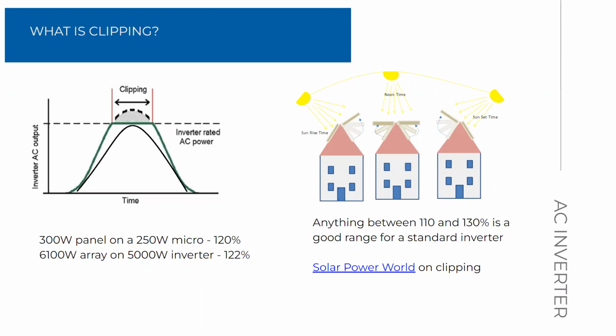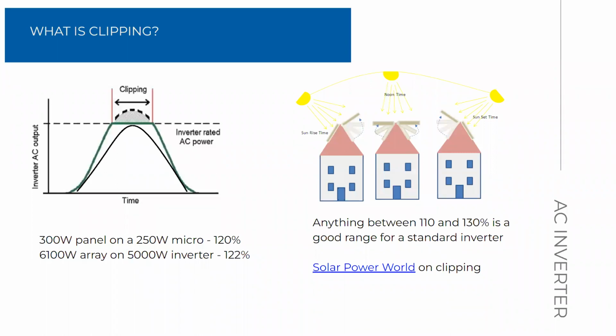Different inverters have different capabilities of how much oversizing you can do, and some may be geared towards a larger oversize, but for the voltage window for your MPPT, which is your maximum power point tracker, there's going to be a sweet spot for the optimal performance of your inverter.